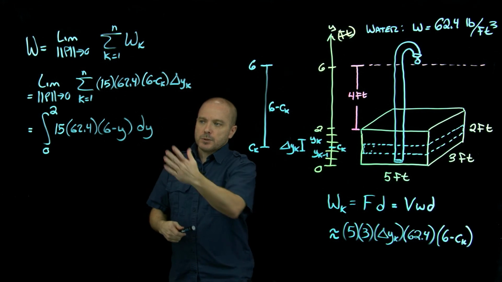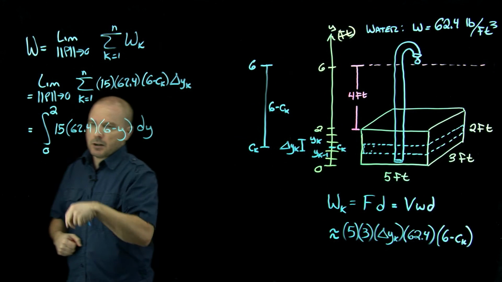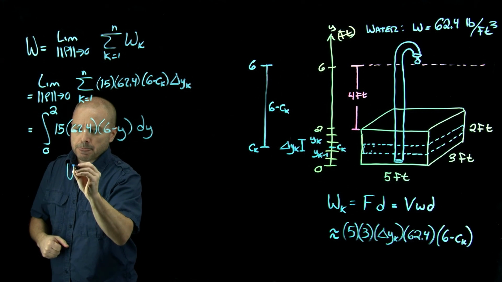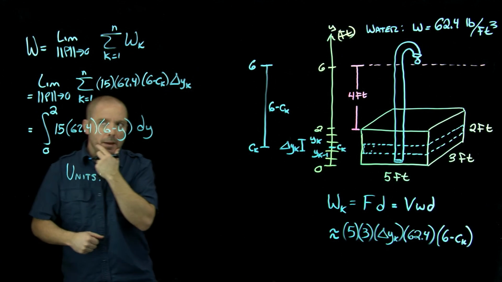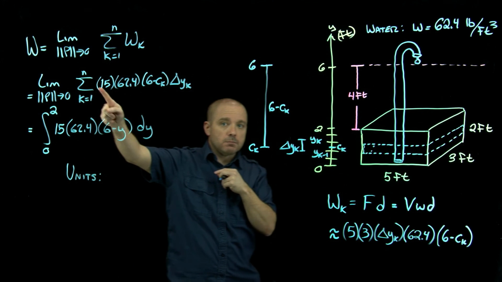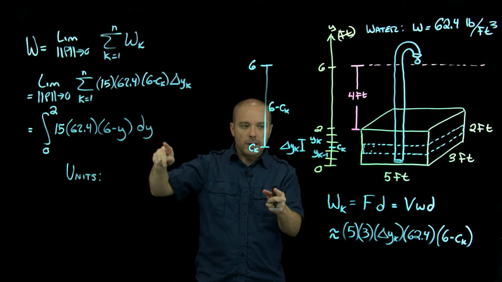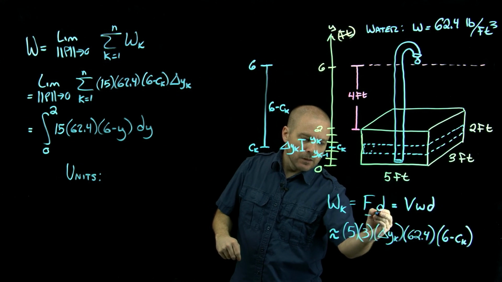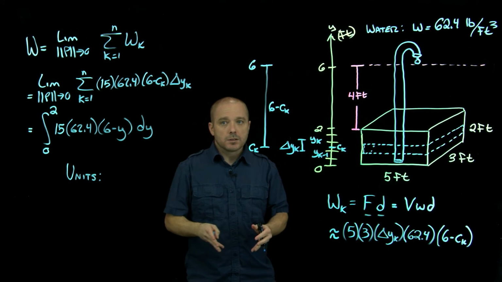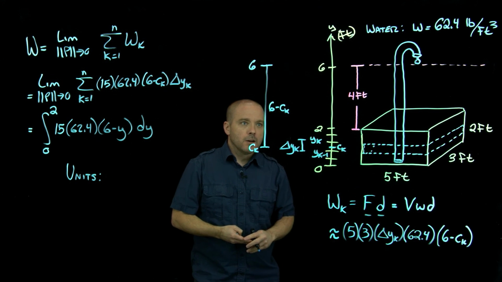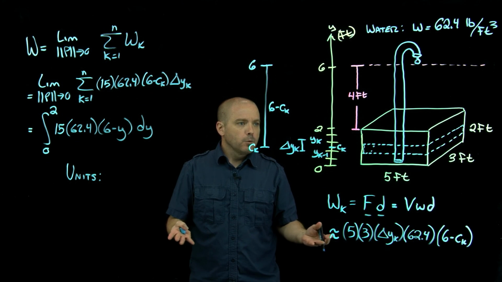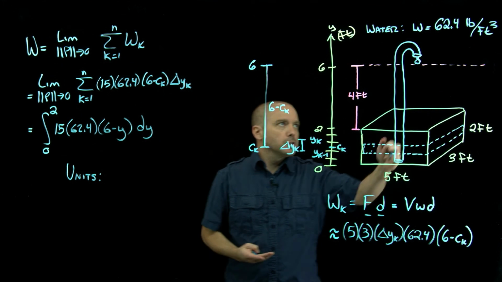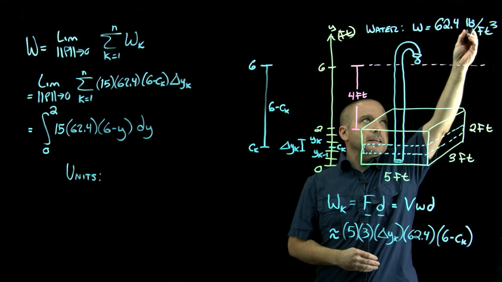What about our units? We'll just leave the details of the integration off here. What would the units be? So remember, what are we calculating? Work. And when you're thinking of units, think about this. Work is force times displacement. Force units, well, force is gravity, right? And the force units were really keyed in right here.